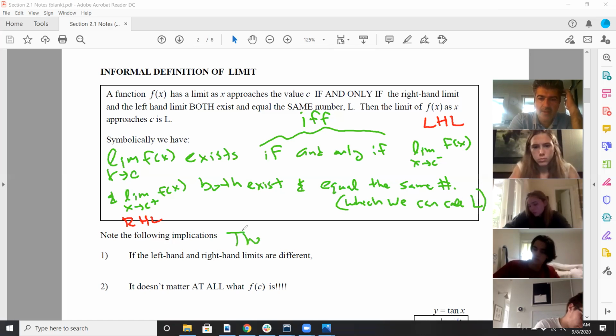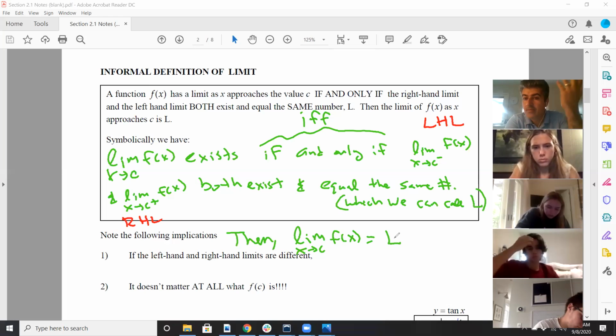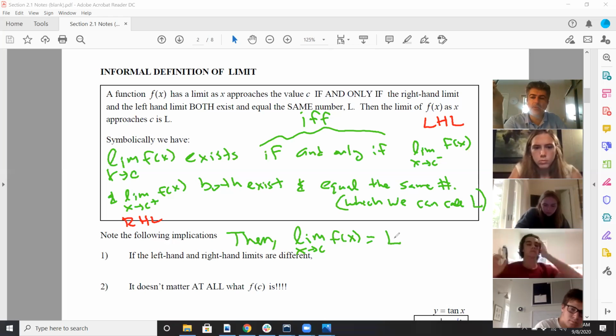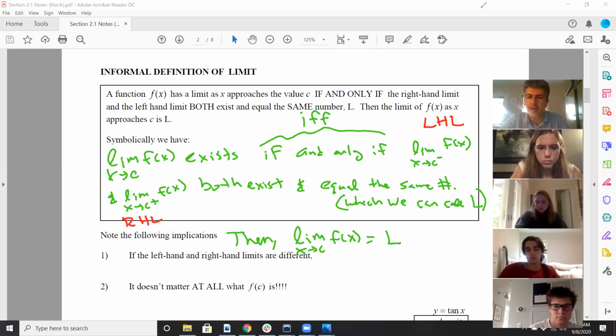Then your limit as x approaches c of f of x equals L, whatever number that is. So whatever the LHL and RHL both equal, the limit's also going to equal this. The limit as x approaches c will equal the same thing. So that's how we define a limit.